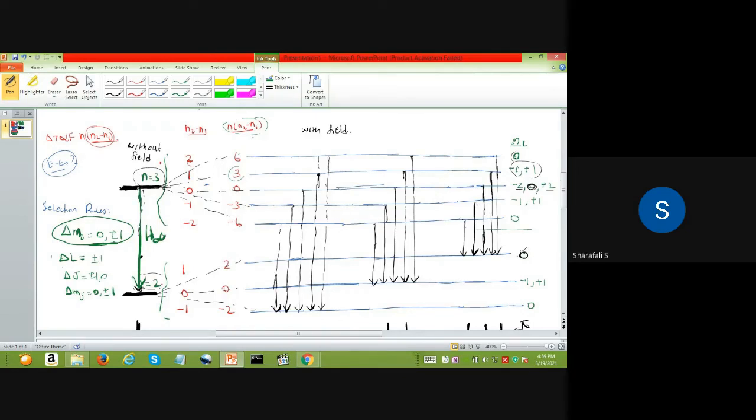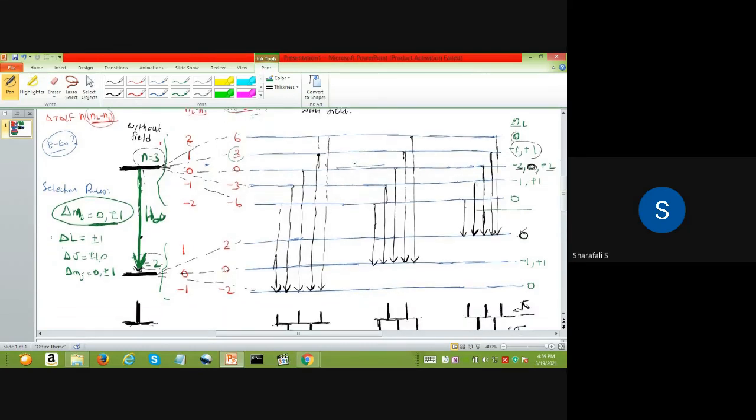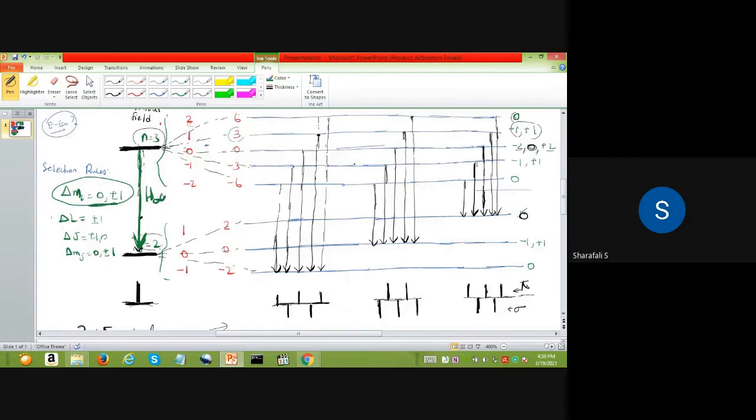If there is no field, then there will be only a single H alpha line. If you have that external strong electric field, then we have 15 different spectral lines which will be possible in that particular case. Okay, so this is the strong field Stark effect.